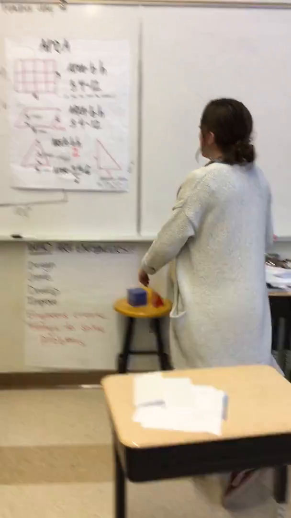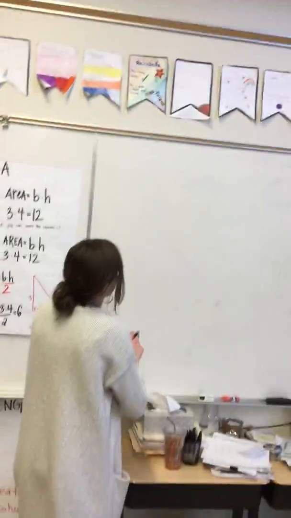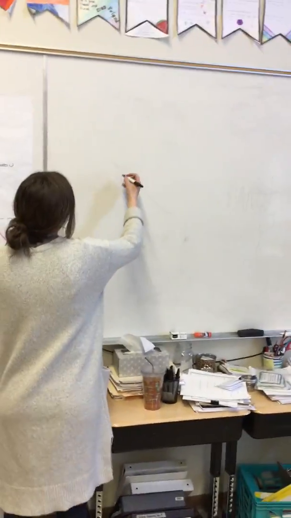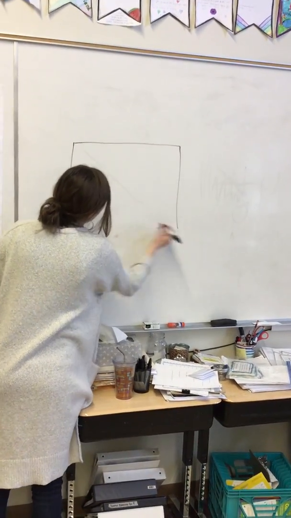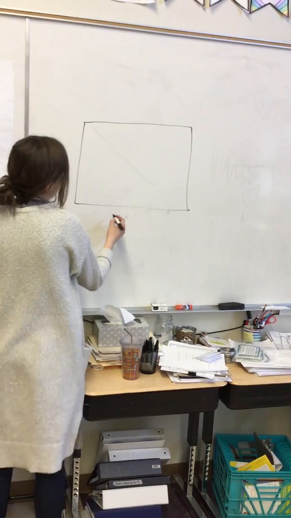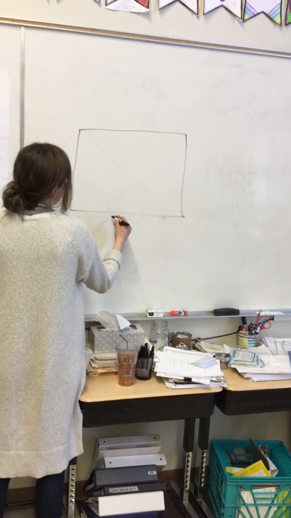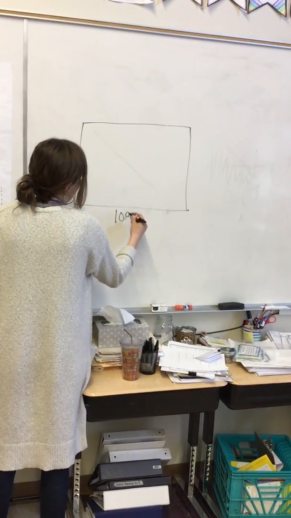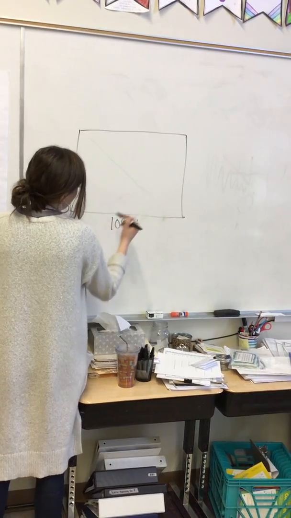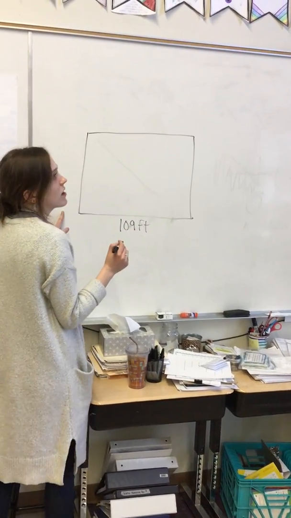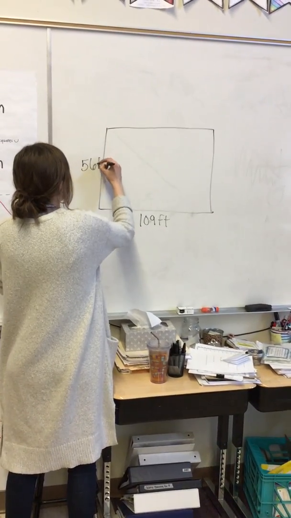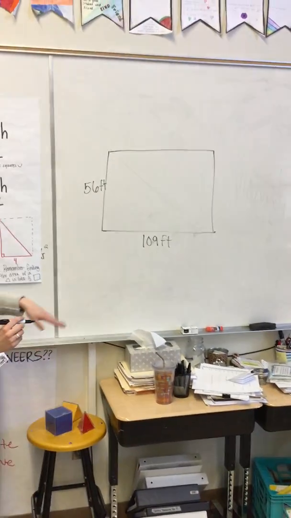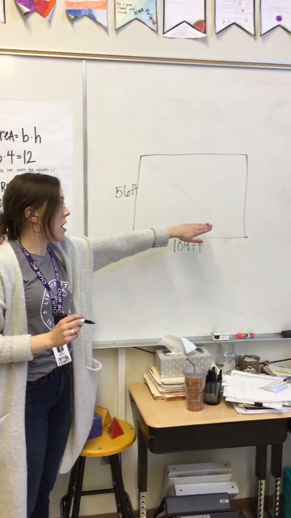Okay. So if I am fencing in my yard, and I know that the base of the yard is 109 feet, and a height of 56 feet, how would I figure out the total distance around?